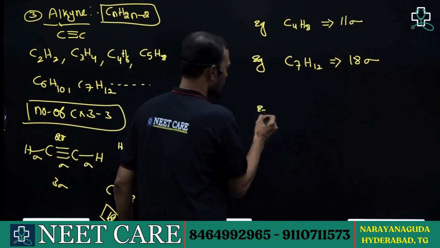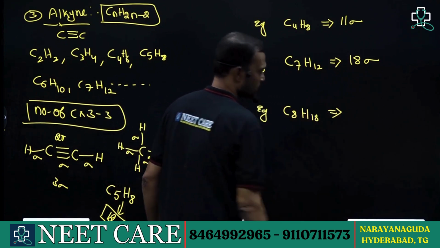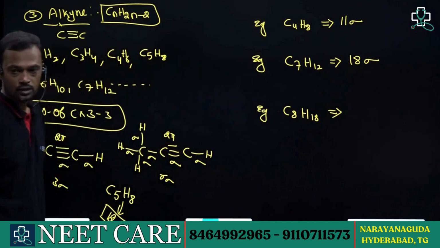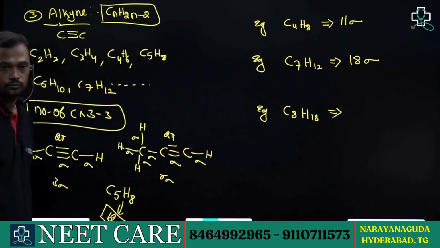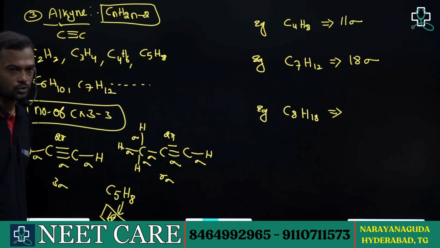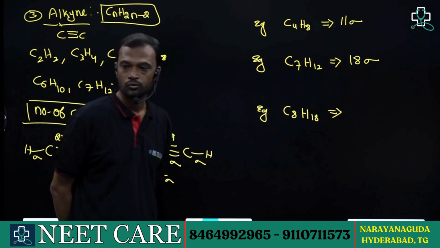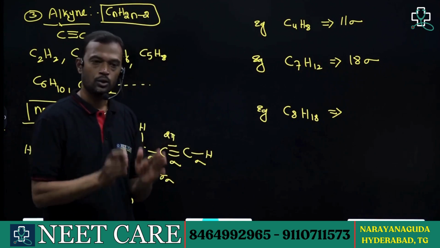Is it right? Now, C8H18. How many sigmas are present? Are you able to understand the formulas? Do you know the formula? If you apply the formula just given in a suitable way, 100% without any hesitation, without any mistake, you can predict the answer.